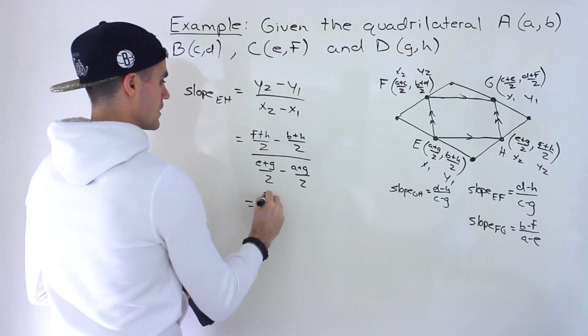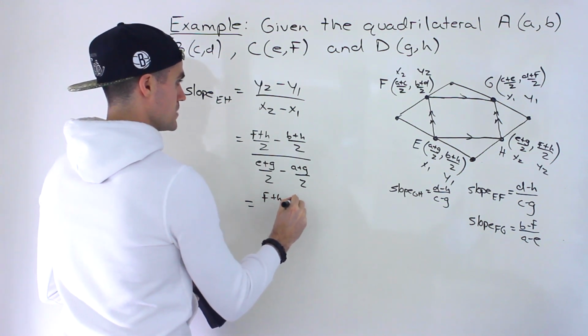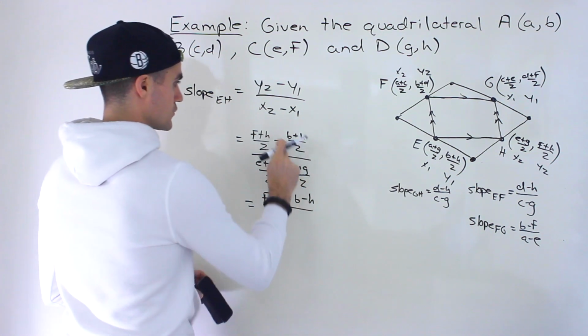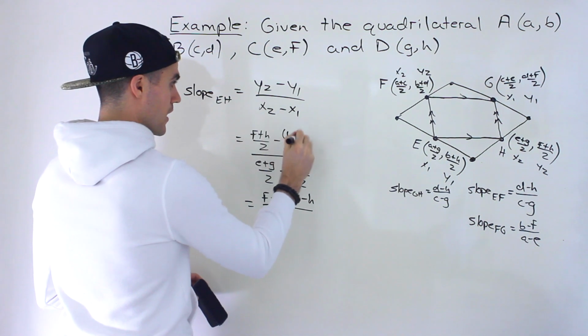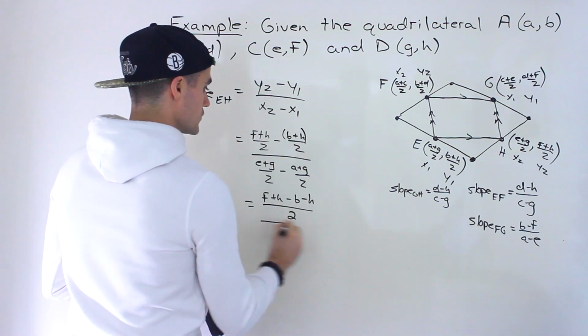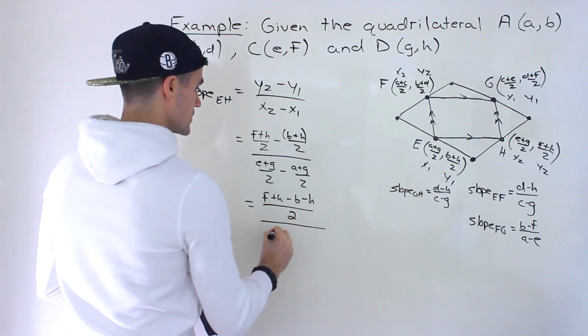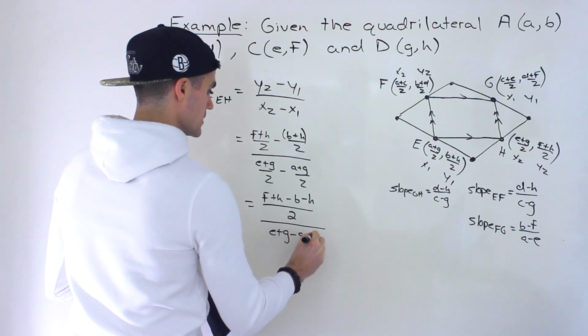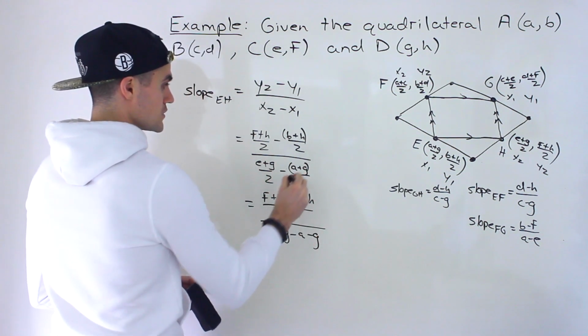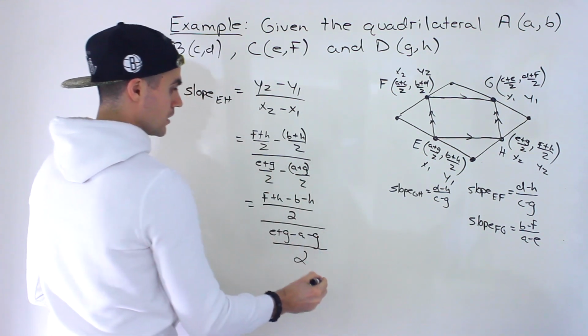So this would end up being f plus h minus b minus h, right? After we distribute that negative inside that bracket, that's going to be all over 2, and then we'll have e plus g minus a minus g like that. After we take that negative, distribute into that bracket, that's still going to be all over 2.